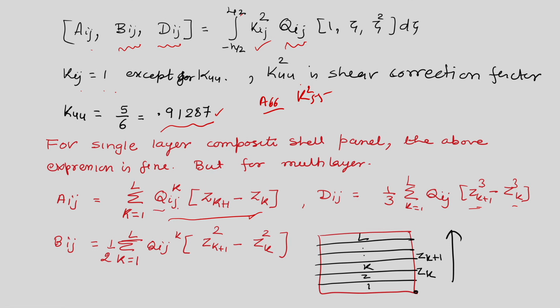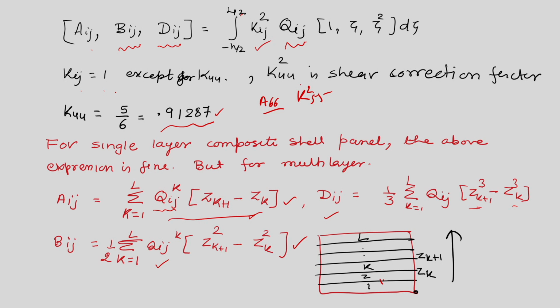So, kth means the kth layer, and it goes from 1 to L. So, though it is an equivalent single layer theory, meaning we are solving a single layer, using the concept of summation we can get a solution for a composite layer.